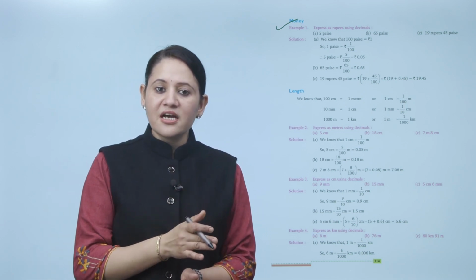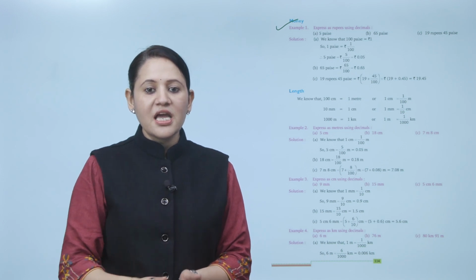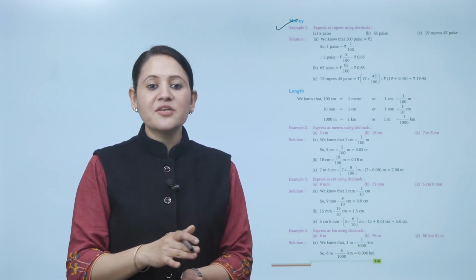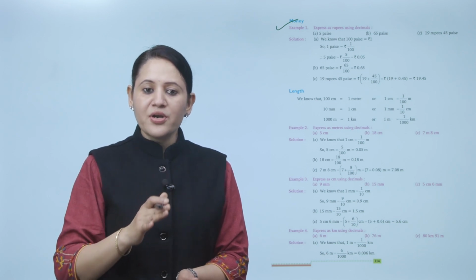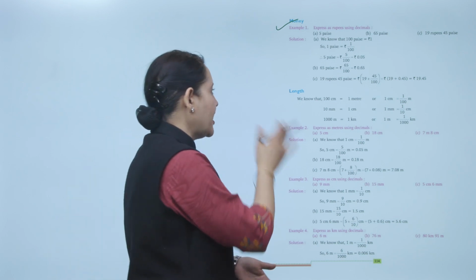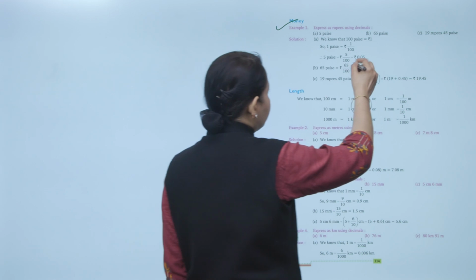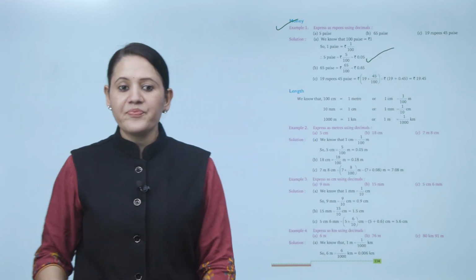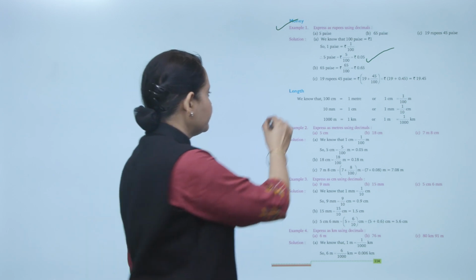So, 5 paisa we have to express in rupees. As we know, 100 paisa equals 1 rupee, and 1 paisa equals rupees 1/100. So, here we'll divide 5 by 100. That is equal to rupees 0.05. Clear?